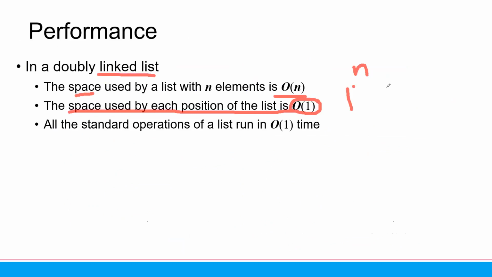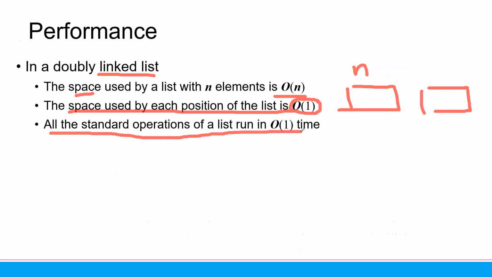So if we have one position and another position, it is O(1). And all the standard operations of the list run in O(1). It means if we insert, it is O(1), and if we delete, it is also O(1).